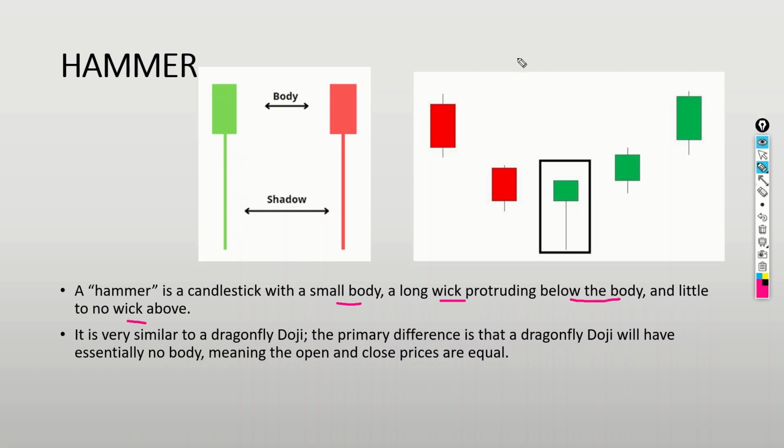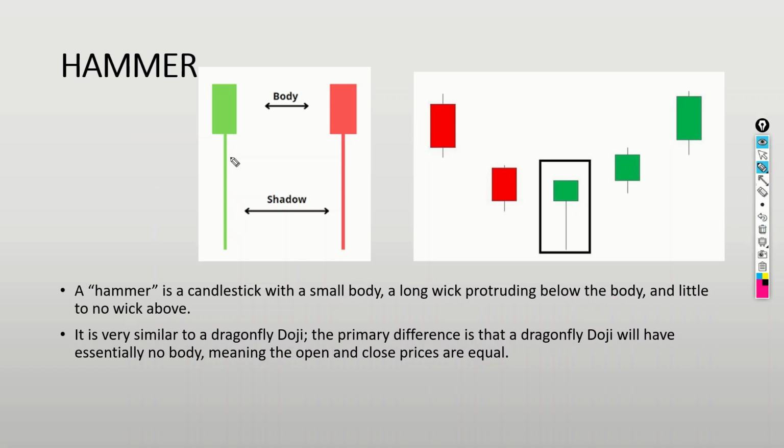So a hammer normally has a small body and a long wick below, and at the top the wick is always little or we do not have a wick at all. The color doesn't matter, it is still a hammer. The hammer can be green or it can be red.